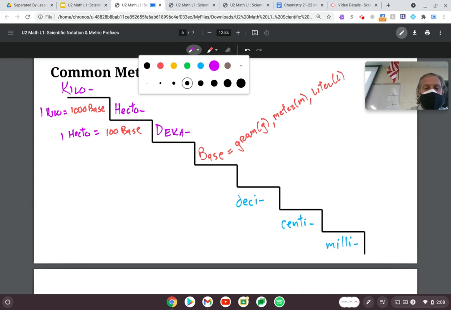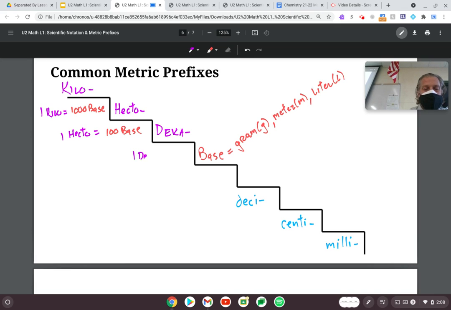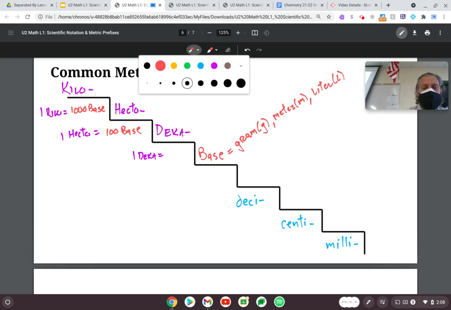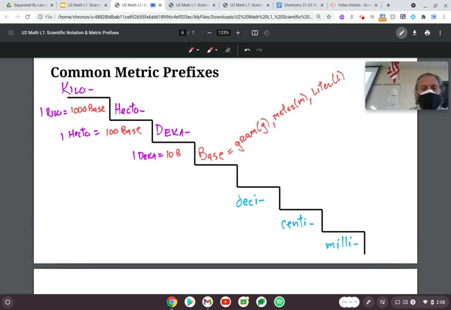And 1 deca equals 10 base units. See how easy that is? Everything is a factor of 10. So much simpler.